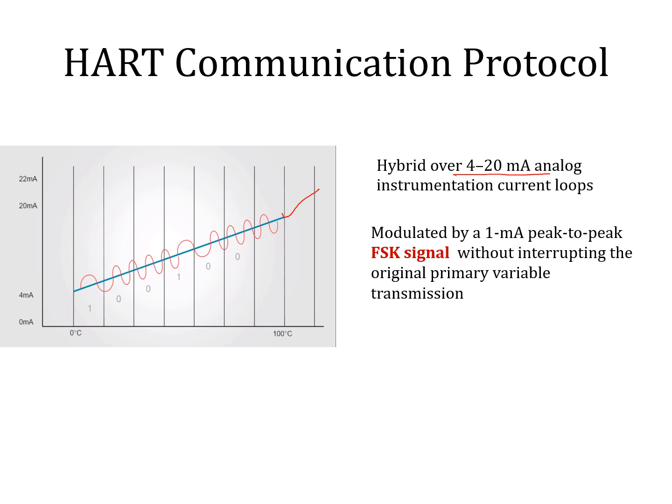There are only two frequencies: 1200 and 2200 Hertz. One frequency represents 1 and the other represents 0. You can see here, when the wave shape is slowly varying, we can say it is signal 1, and when it varies at a faster speed, it represents signal 0. So we can superimpose a digital signal over an analog 4 to 20 milliampere line, and its amplitude is 1 milliampere peak to peak.